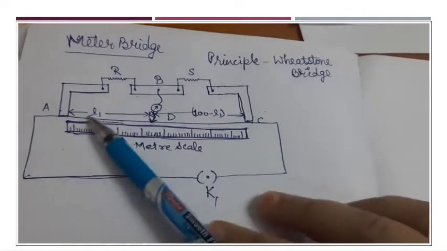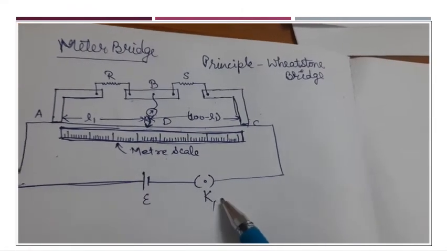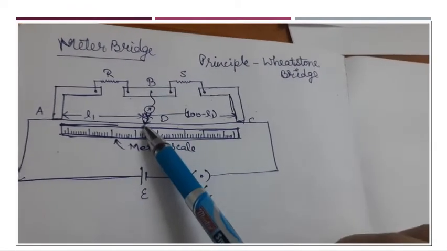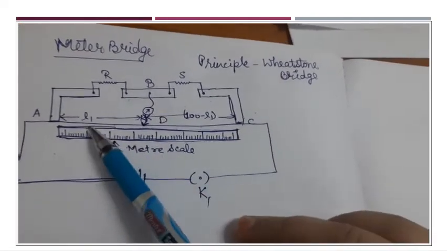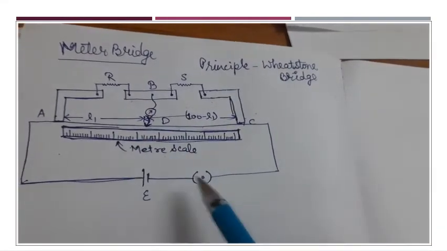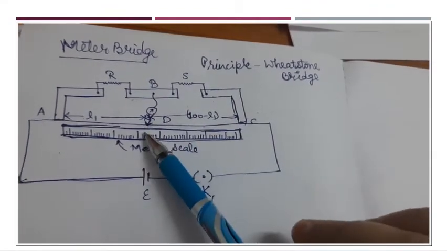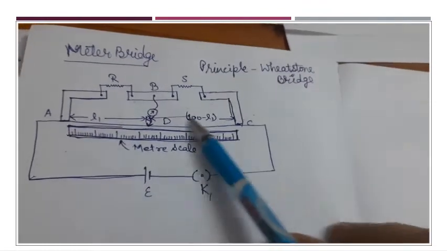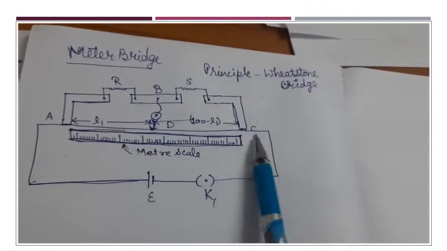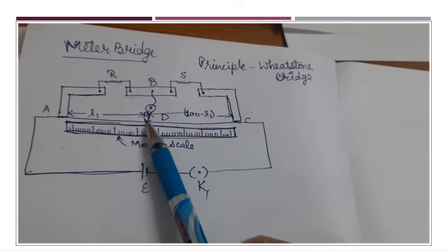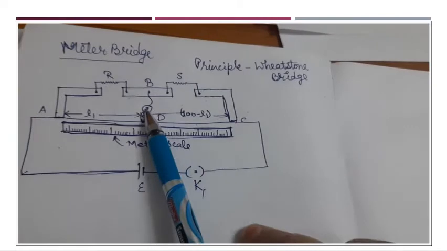So it is connected to a battery and a key. The jockey is a sliding, movable metallic contact. When the key is closed, current starts to flow in the meter bridge wire, and the jockey is moved on the wire sideways between A and C, till the point where the galvanometer shows 0 deflection.